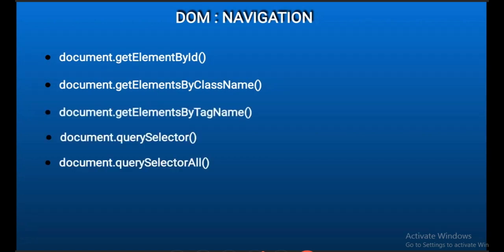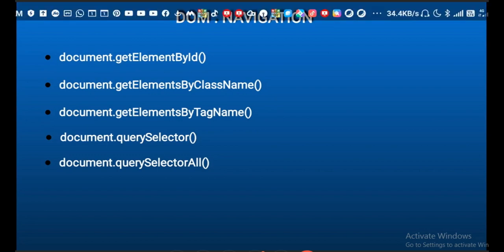You can see one feature of each of these methods. The first word, get, starts with a small letter.